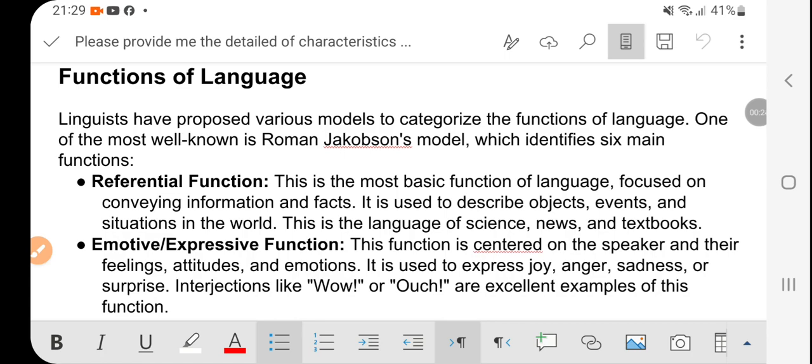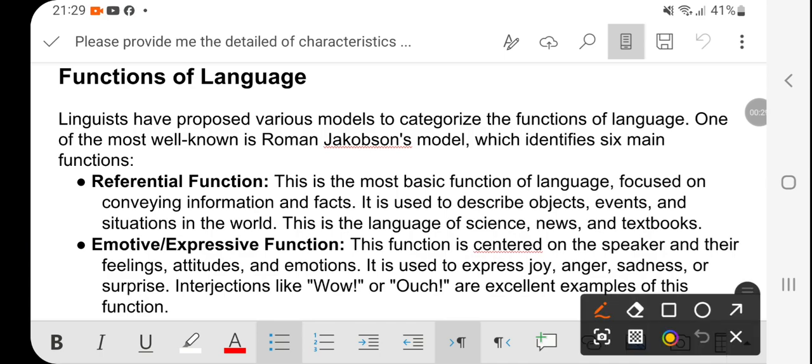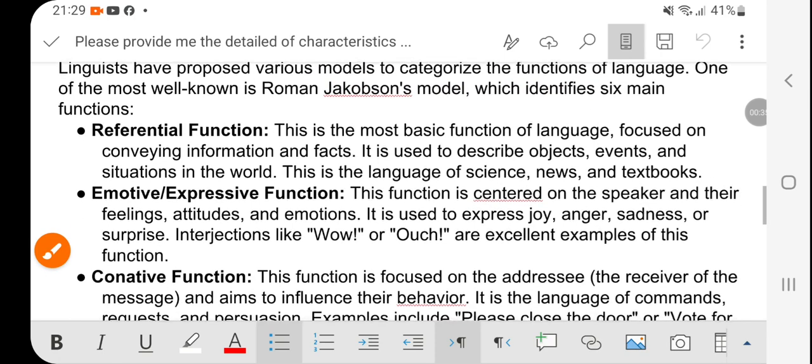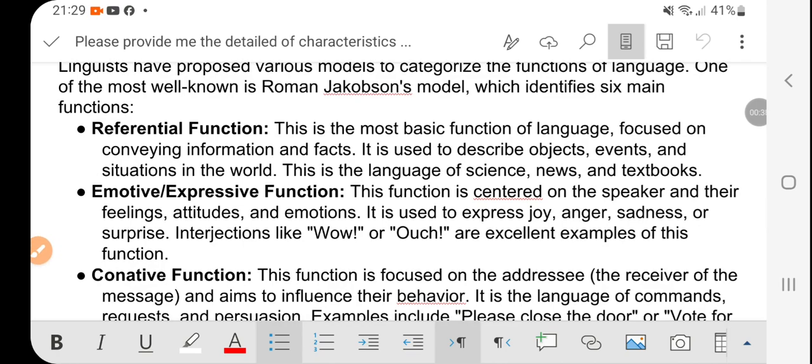Linguists have proposed different models to categorize functions of language, and one of the most well known is Roman Jakobson's model.